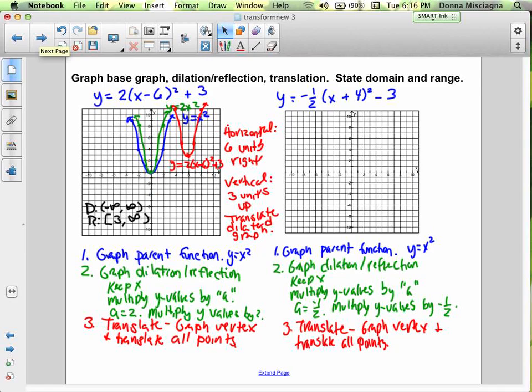Let's do the same thing with the other graph. All right, so the first thing we're going to do is graph the parent function. So 0, 0. It's a little bit off. 0, 0, 1, 1, negative 1, 1, 2, 4, negative 2, 4, and 3, 9, negative 3, 9.